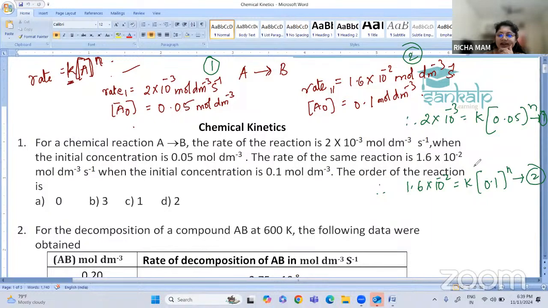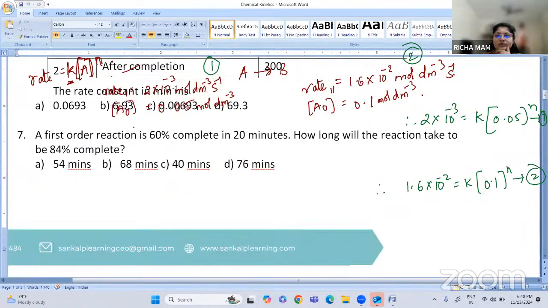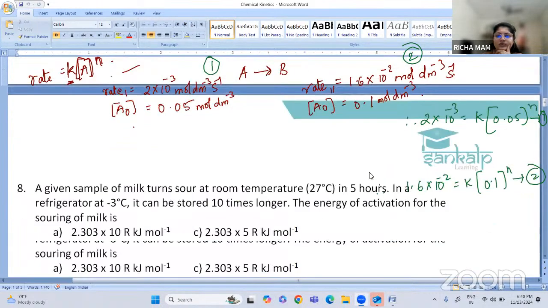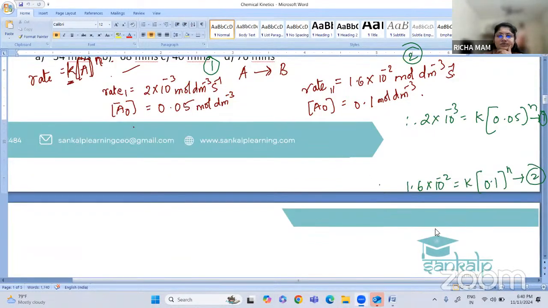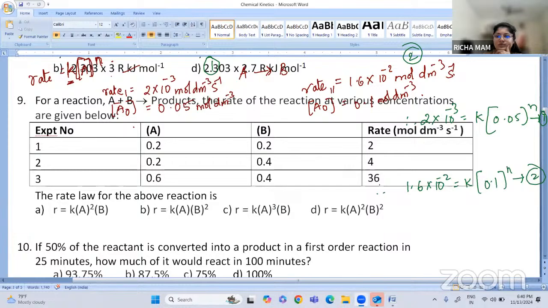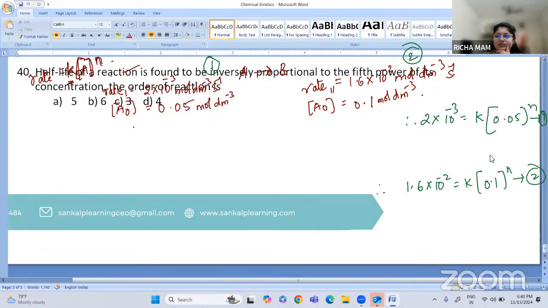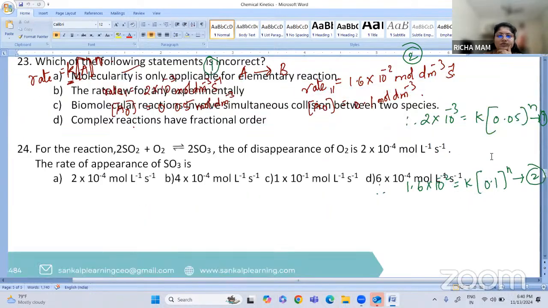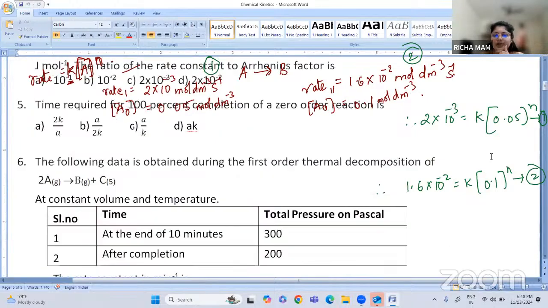What we will do is divide 1 by 2. I hope up to here it is clear.